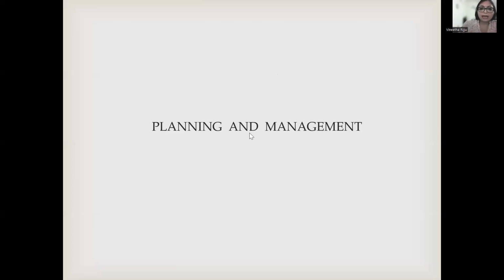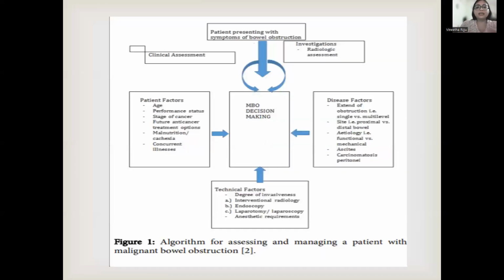So coming on to planning and management, who are we going to advise surgery? Who are we going to conservatively treat? So that is what this is about. Okay. So you have a patient coming to you with symptoms of bowel obstruction. You clinically assess the patient. If the patient has to be investigated radiologically, you do that.